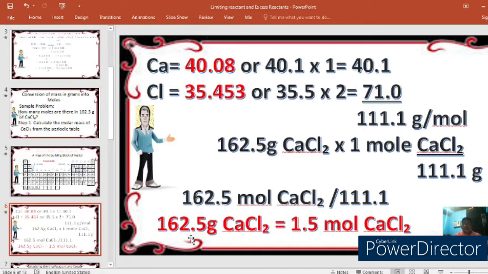So meaning, in every 162.5 grams of calcium chloride, there are only 1.5 moles of calcium chloride. So we have already converted from grams into moles. Alright, next.